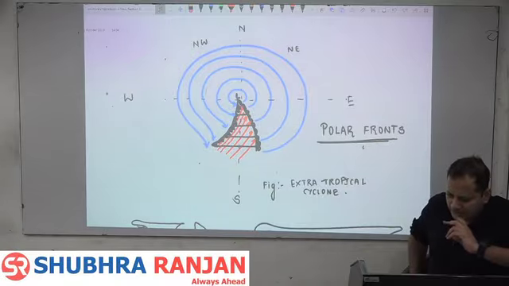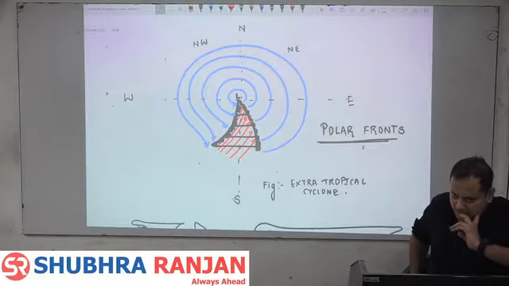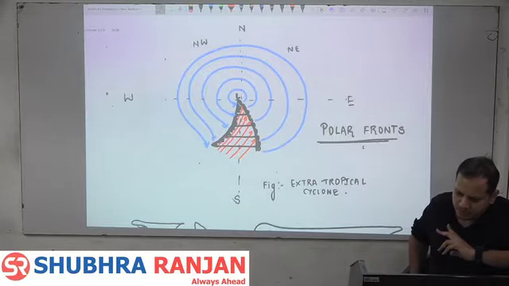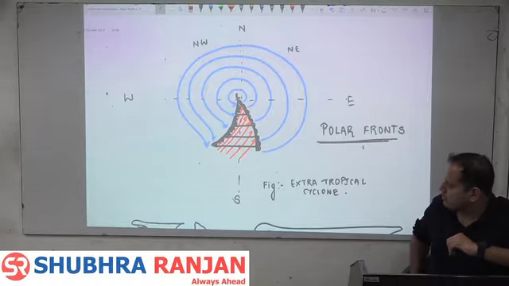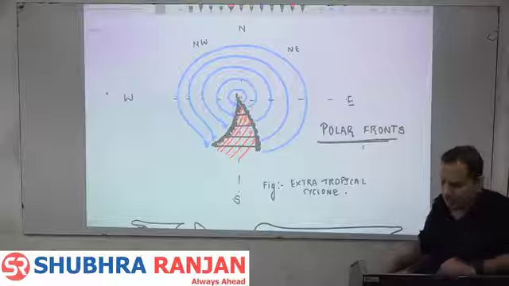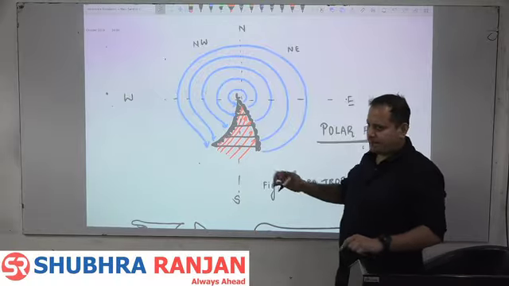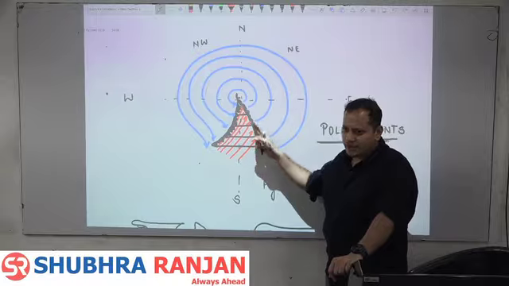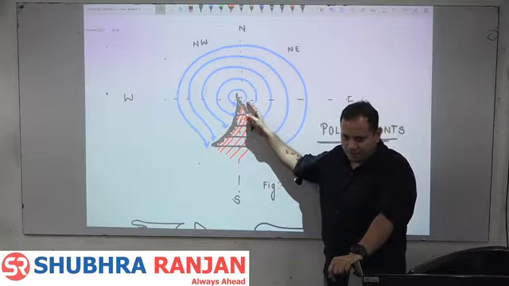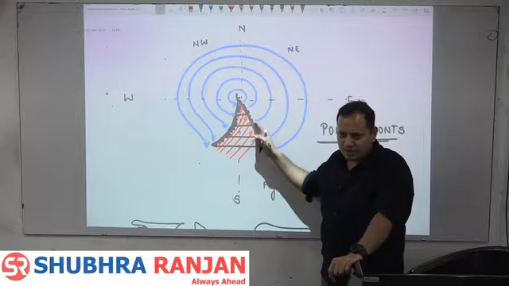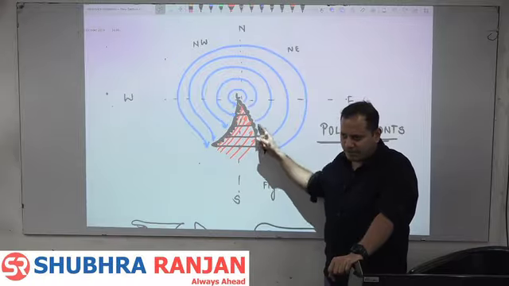In the temperate cyclone, the isobars are not closed. But they take the shape of V or inverted V. See?